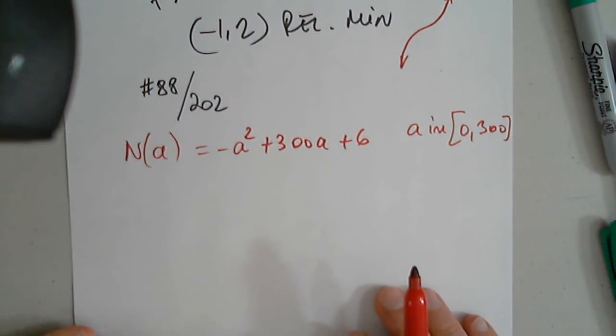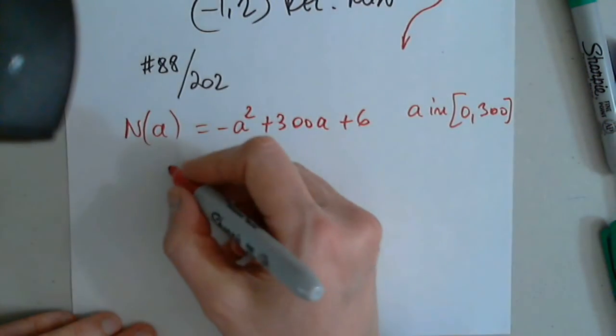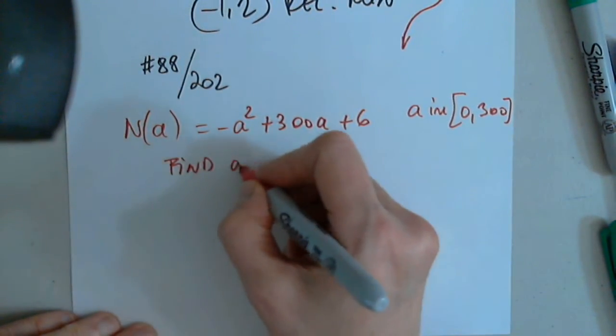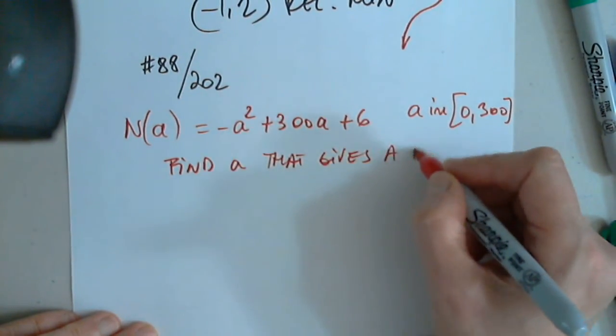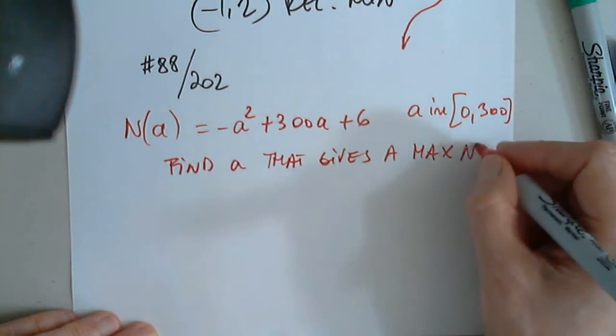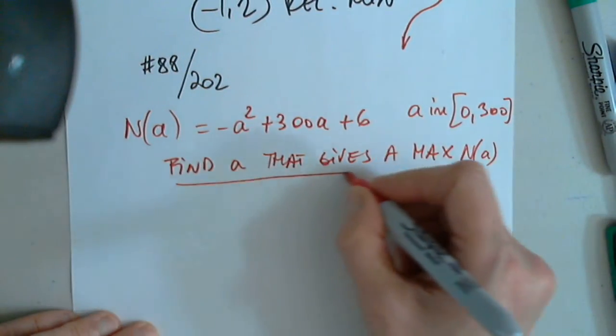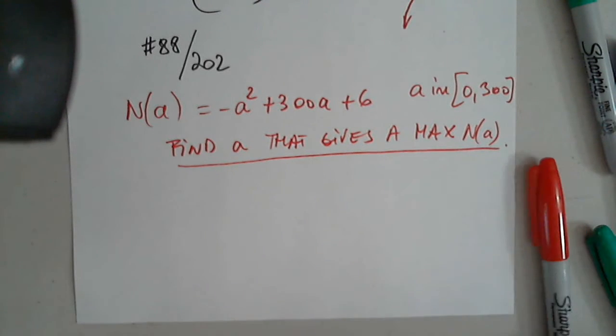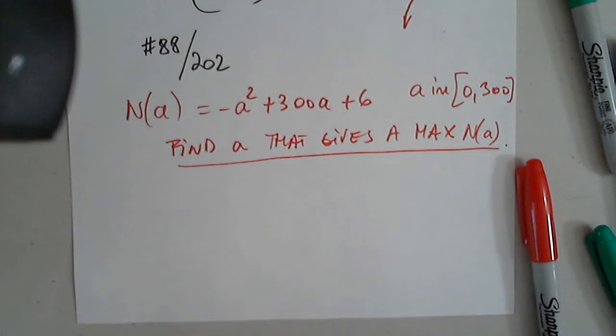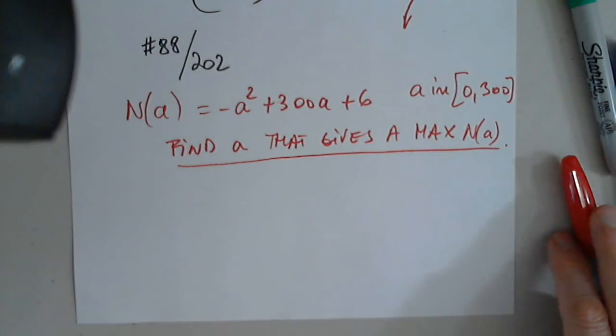So how much is A for a maximum? Find A that gives a max n of A. This is our question. What do I have to do first? State the domain. Very good.